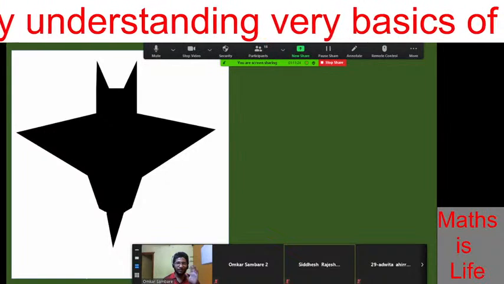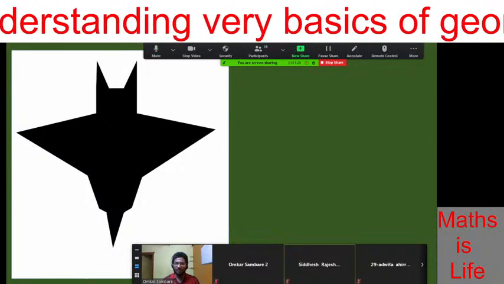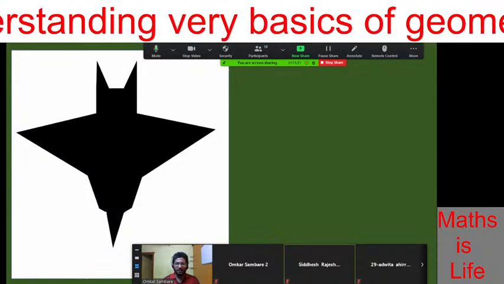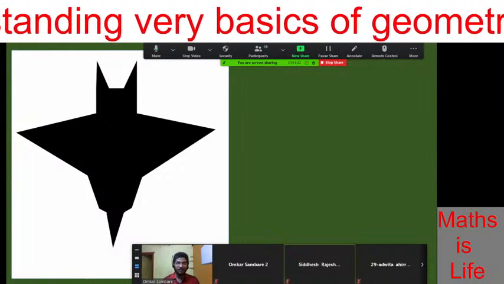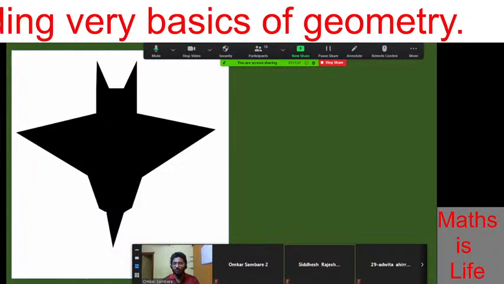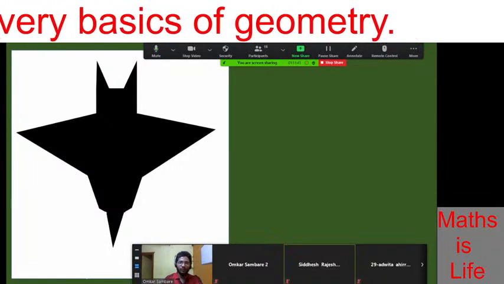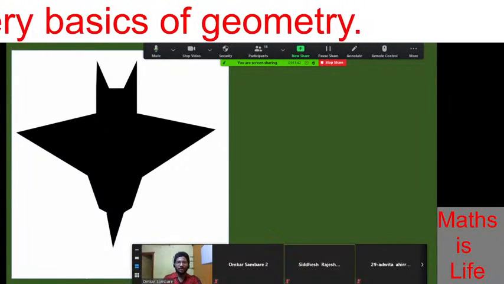Now see, if you ask me, sir, can you cut this bat shape using one straight line, then my answer will be, without preparation, no. So first we have to create the way we have to fold. So this shape we have to cut out.